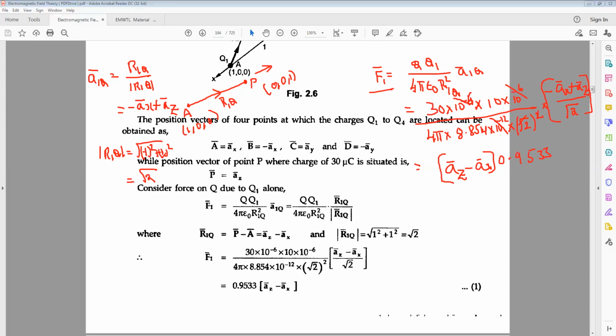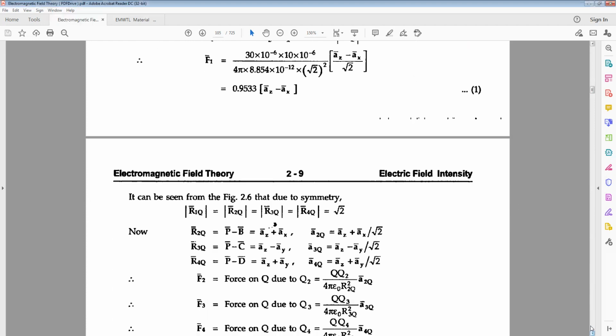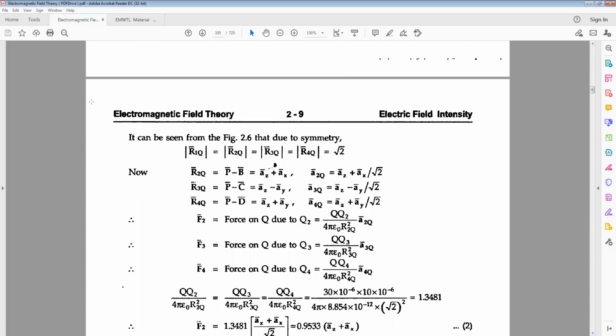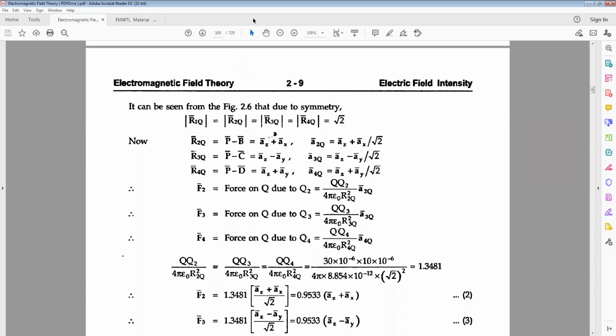Okay. Now the second one, F1 we got, and the second is F2. F2 bar is equal to the same thing. You have to find the value of A2Q bar.